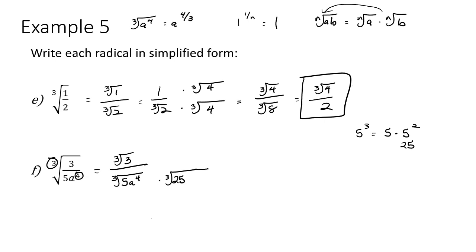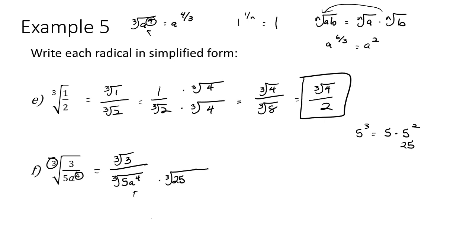So what we need to do is make the power on the a on the inside divide cleanly by 3. In other words, a multiple of 3. So the smallest number bigger than 4 that we can divide by 3 evenly would be 6. A to the 6/3 would just be a squared. So that's my target here.